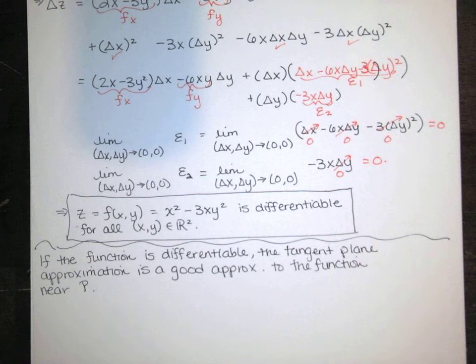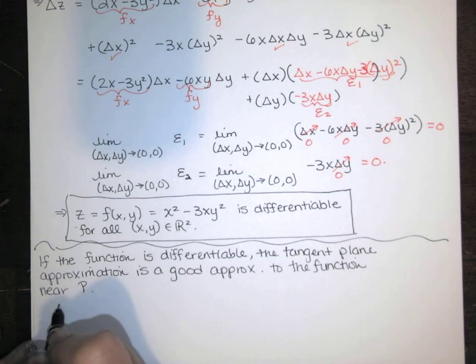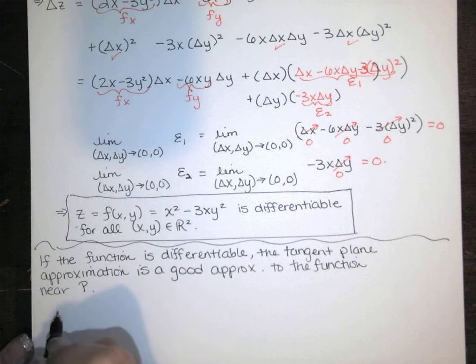So now that we know about differentiability, if your function is differentiable, so if the function can be written in this way that we've just talked about, then the tangent plane is going to be a good approximation to the function near p, and if the tangent plane is a good approximation, that means it's a good idea to use those differentials to approximate the function.